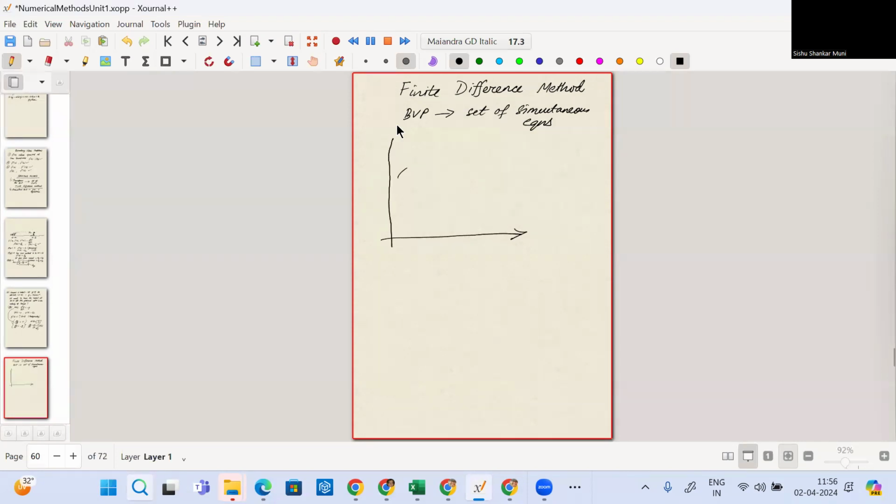So you can have this curve over here. You have starting point x equals A, and your final point.